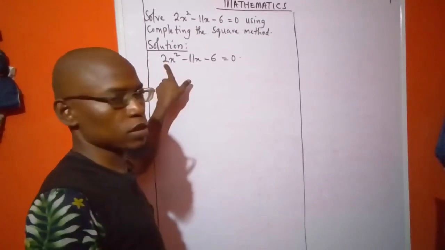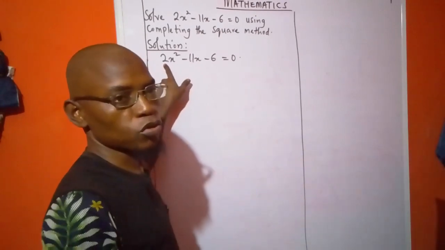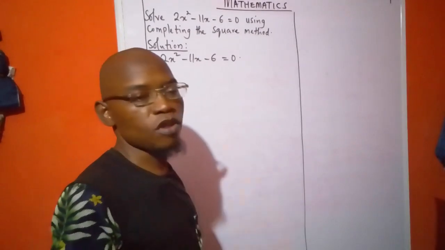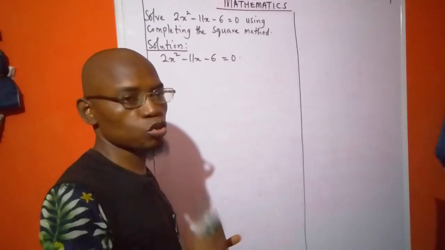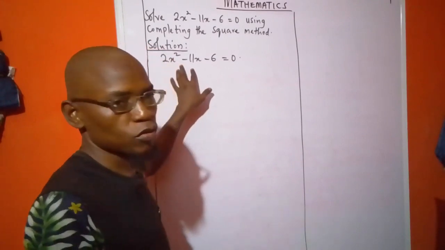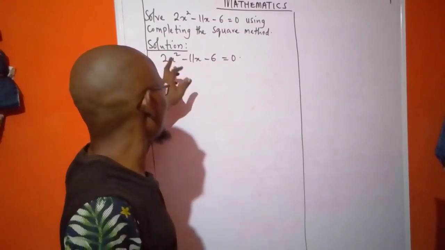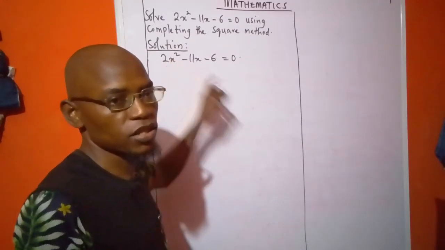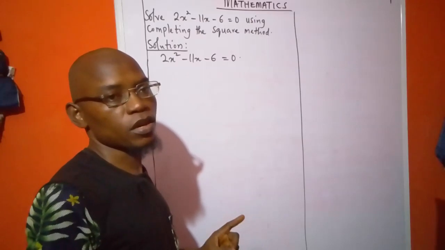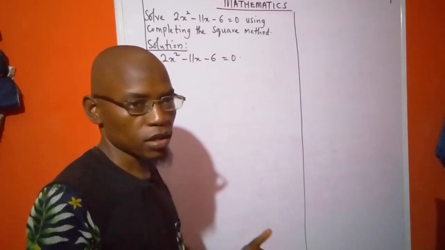If it is 1, you can go ahead to the next step. But if the coefficient is not 1, if it is 2, 3, 4 and so on, then you can't go ahead with the completing the square method. You must ensure that the coefficient of x squared is 1. That's the first thing you have to take care of.